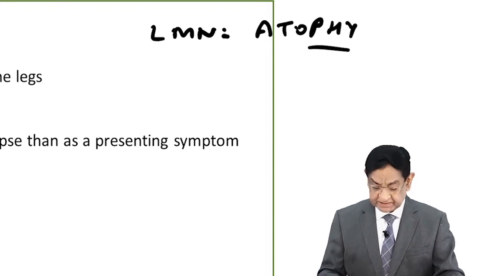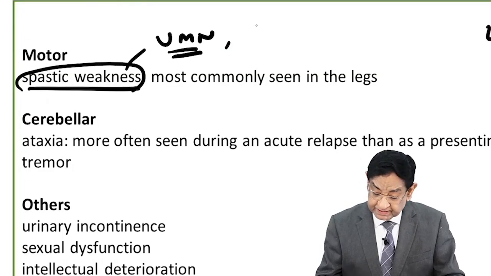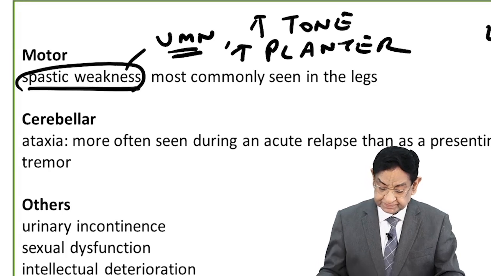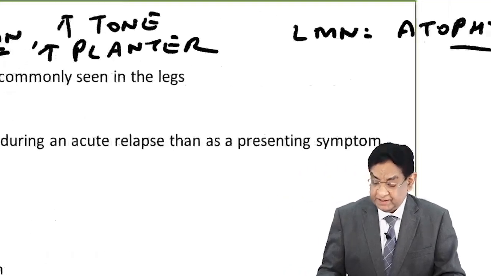And due to spasticity, in case of upper motor neuron lesion, there is increased tone, and plantars are upgoing. Yes, that is okay. But what is so special about it?